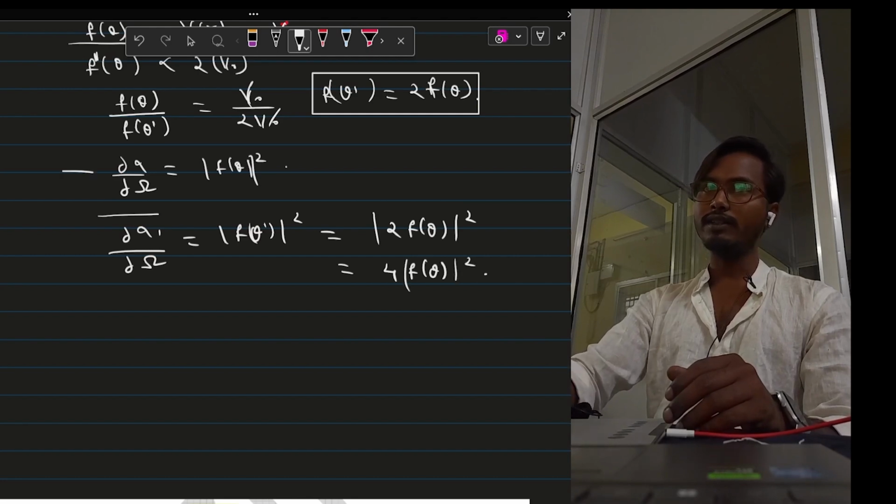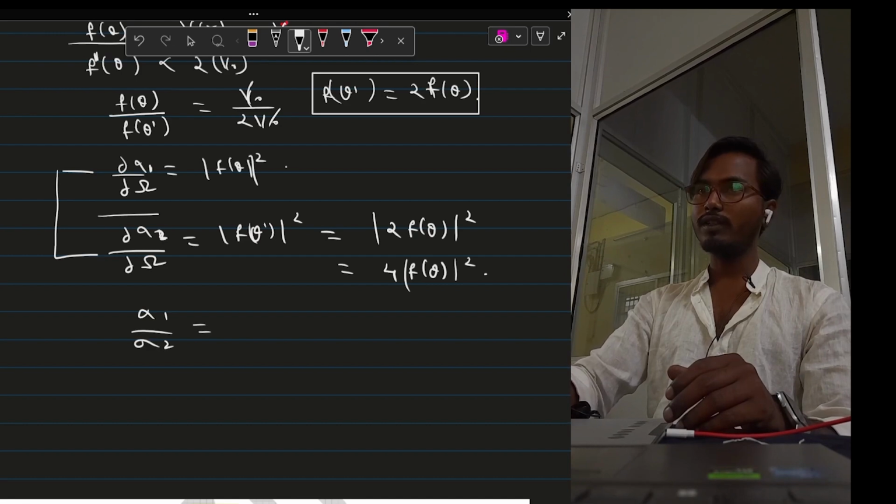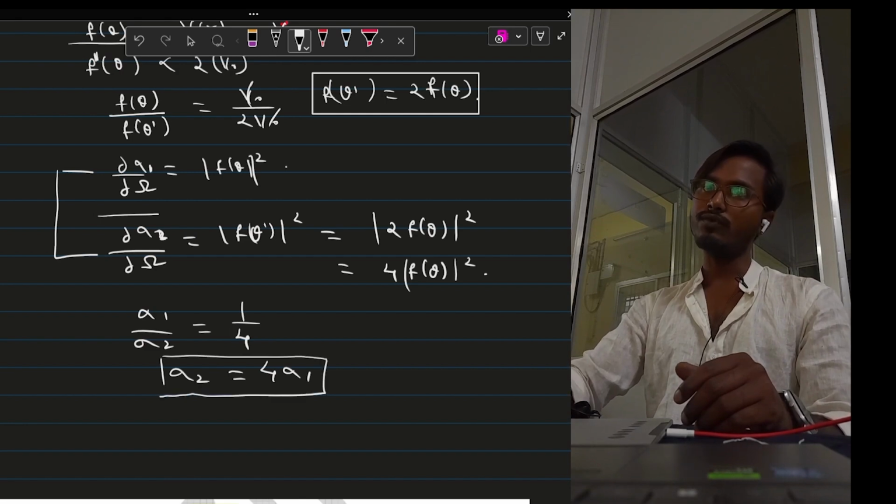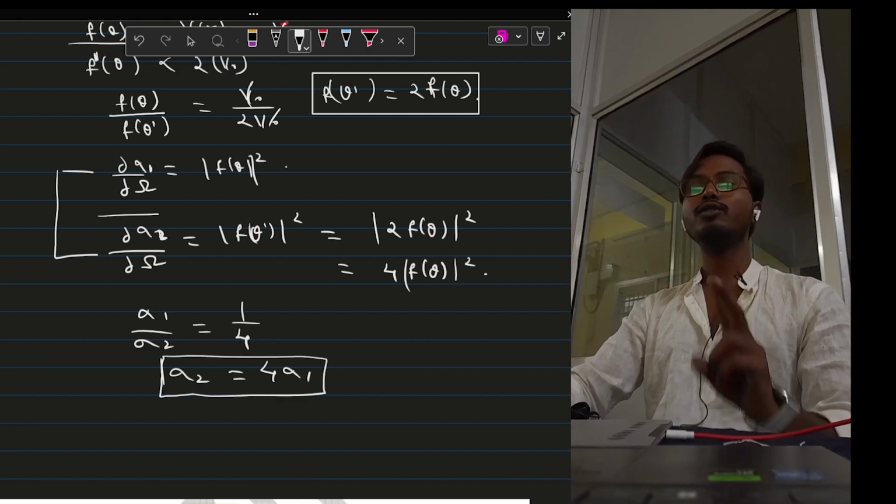If we divide sigma 1 by sigma 2, we get 1 by 4. We can say that the second differential scattering cross section is 4 times the original if we double the potential.